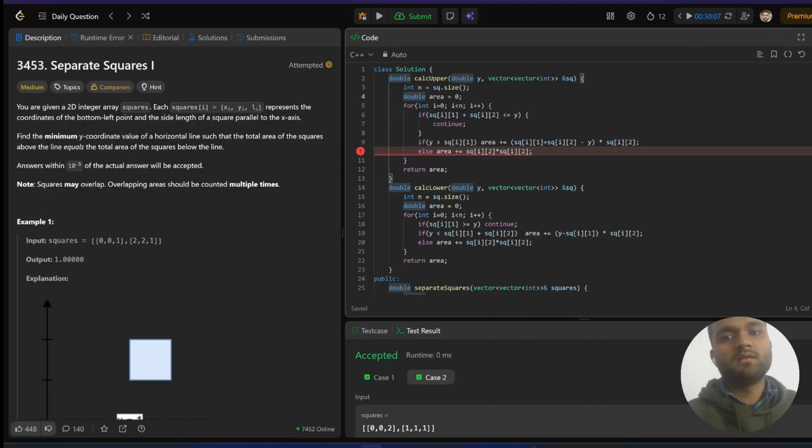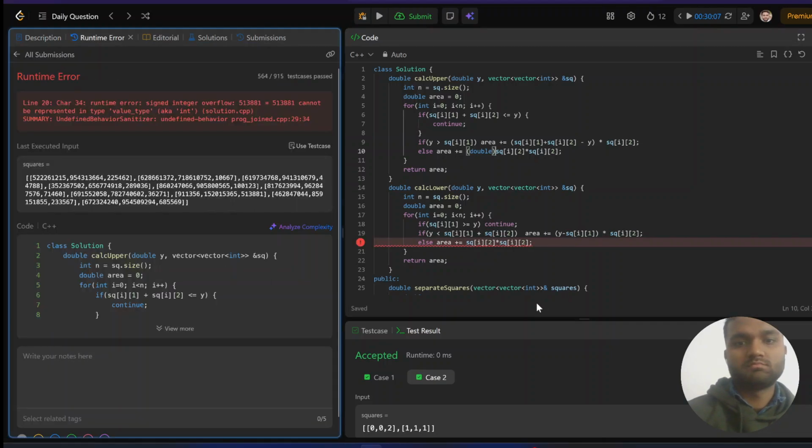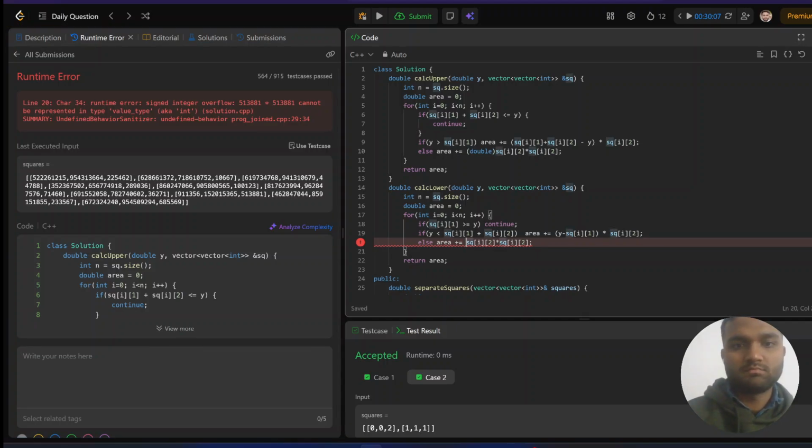Area is double and area is double. All the operations will happen in this double container.